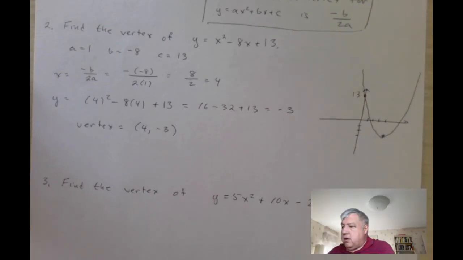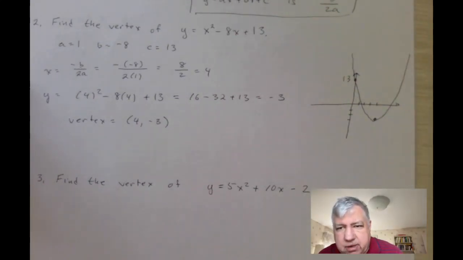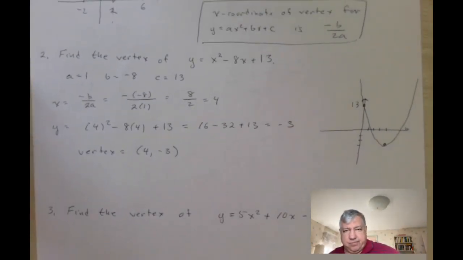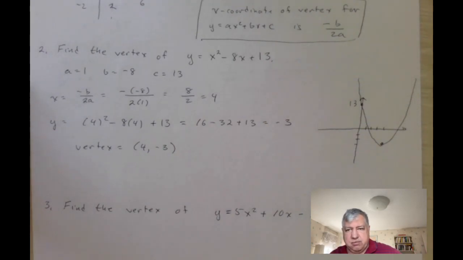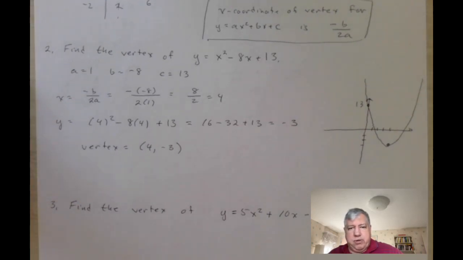We can't identify the x-intercepts exactly without using a calculator right now, but we will see a way to do that. In some cases, we can do this with some algebra, but this is not one of those cases. All right. So why don't you go ahead and think about the next 2 examples, and we'll see you in the next video.